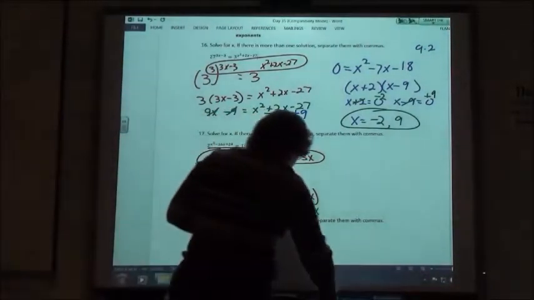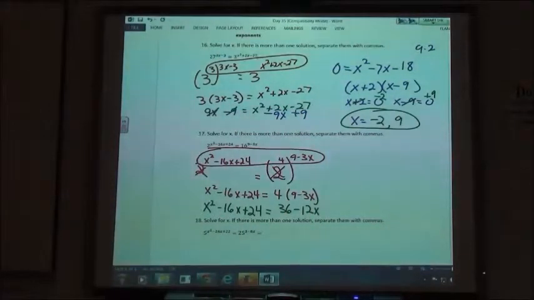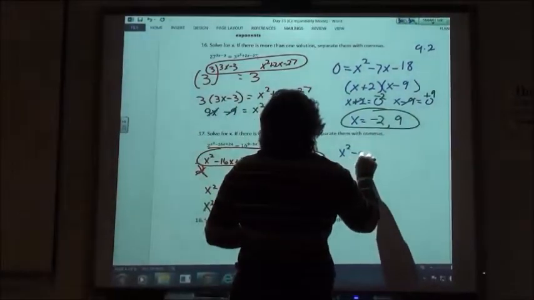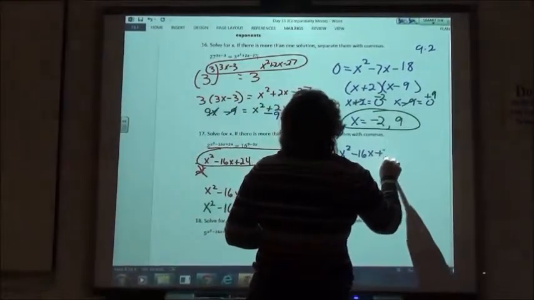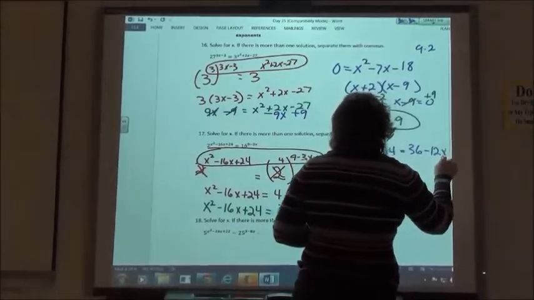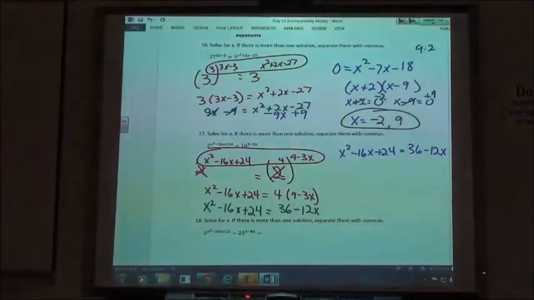I want to set that equal to 0, so what do I have to do with the 36 and the minus 12x? I want to set it equal to 0. What should I do with the 36?